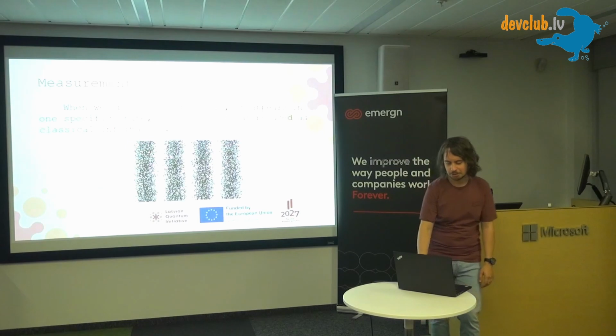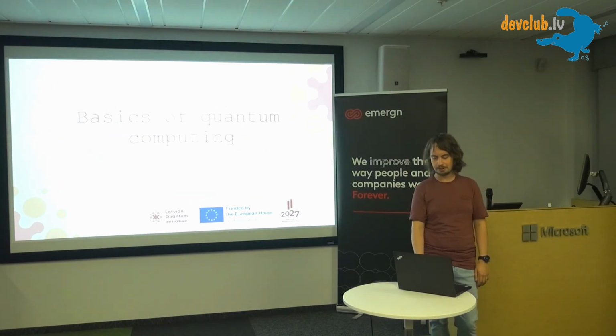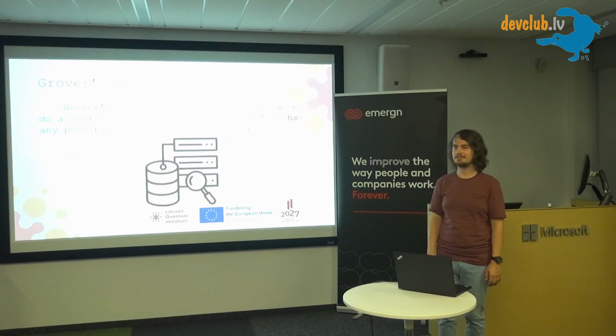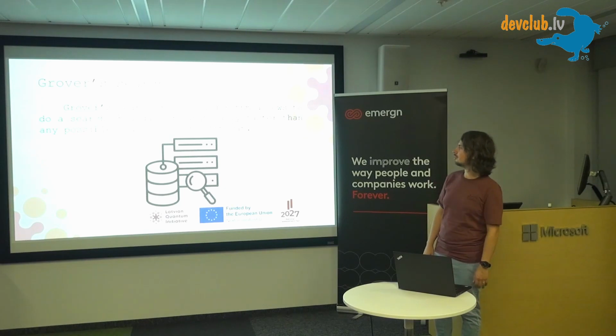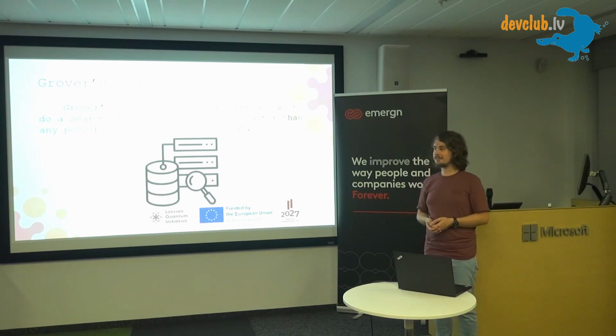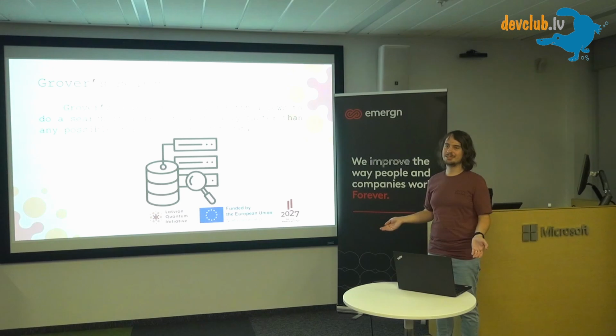But it is on a very small scale, like you have to find one object among, I don't know, 16 or 32. It happens faster, but at the same time, if you launch it on a real device that is currently available, it is still a bit less reliable. So we need a bit larger scale in order to perform it a bit more efficiently. But some small toy examples, yes, they're implemented.